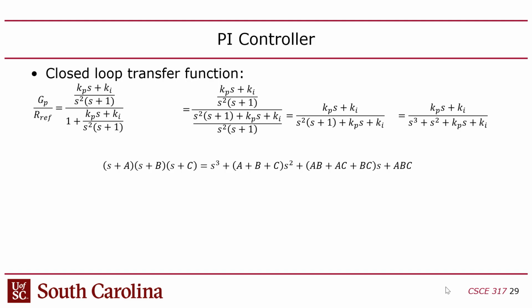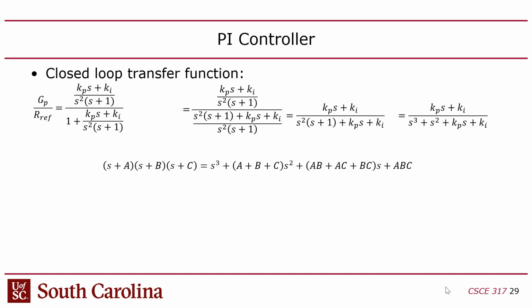Again, this does not relate to the earlier expression at all. This is just a general idea. If I expand this out, it's S cubed plus (A plus B plus C) S squared plus (AB plus AC plus BC) S plus ABC. This is just pure algebra.